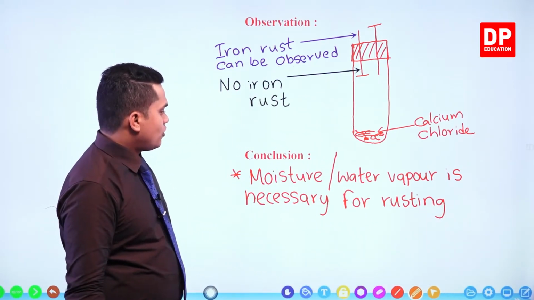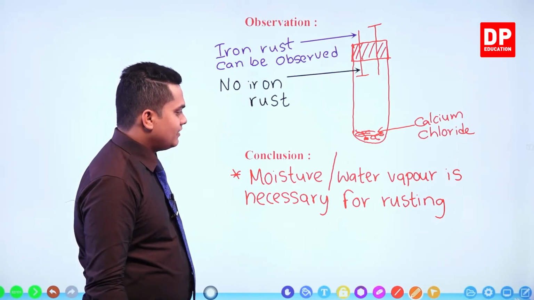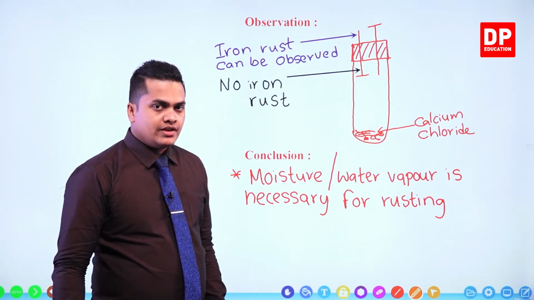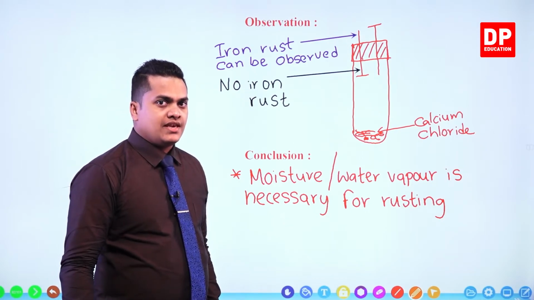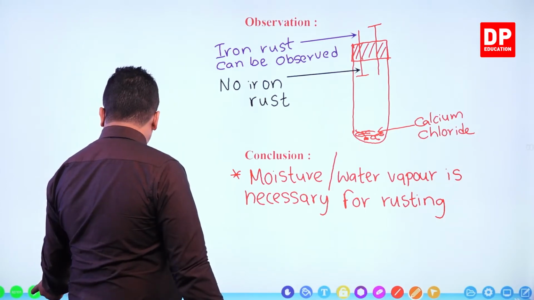Right? So moisture slash water vapor is necessary for rusting. This is the final conclusion that we can take from this experiment. Right? So let's move on with the next slide.